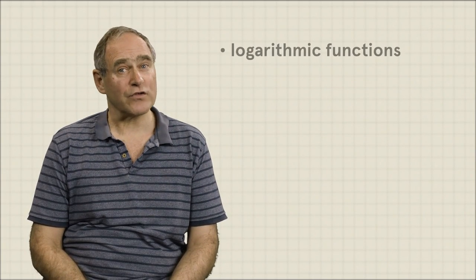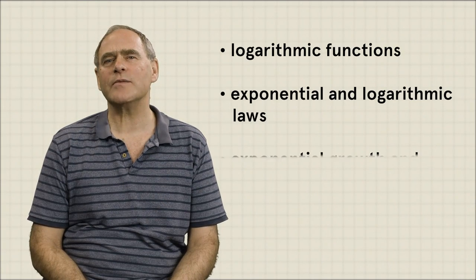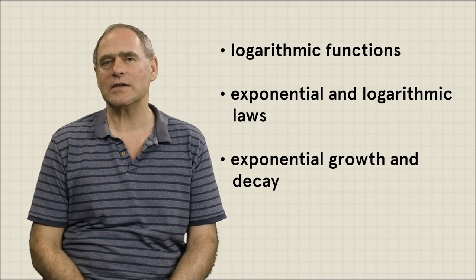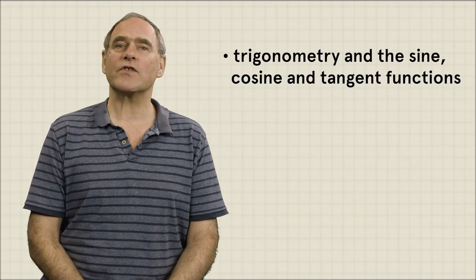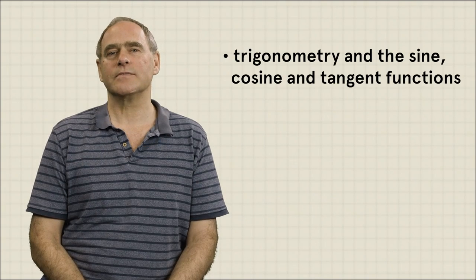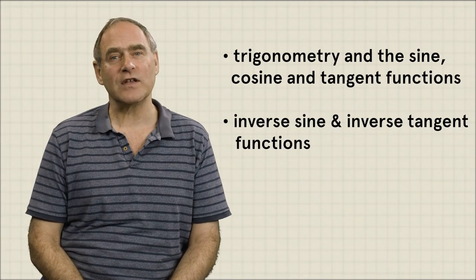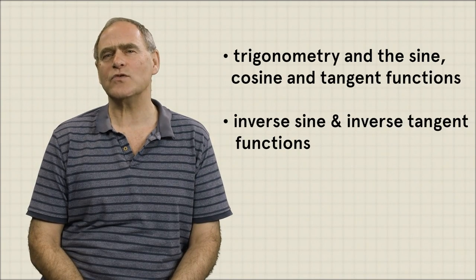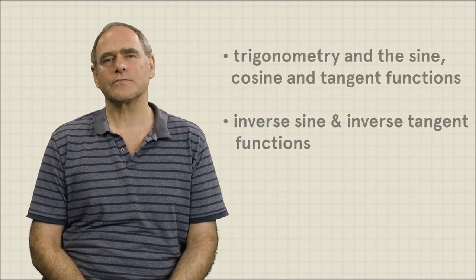We described logarithmic functions and discussed exponential and logarithmic laws and applied them to exponential growth and decay. Recently, we introduced trigonometry and the sine, cosine, and tangent functions. Just now, we discussed the inverse sine and inverse tangent functions and briefly illustrated how they can be used to interpret numerical information in terms of angles.